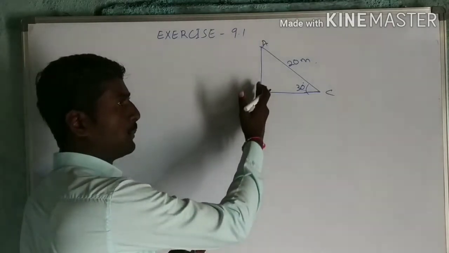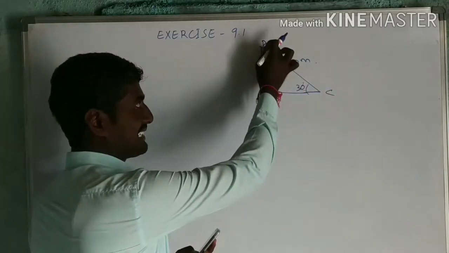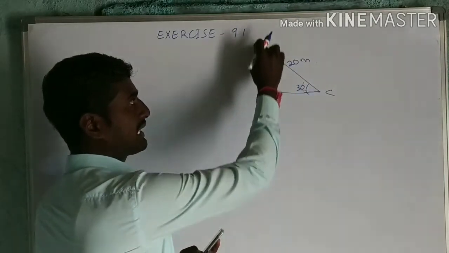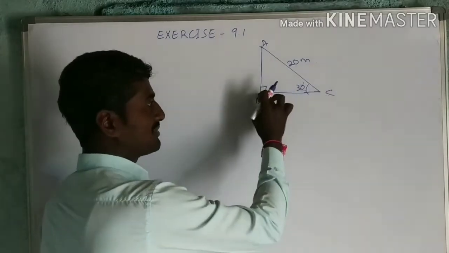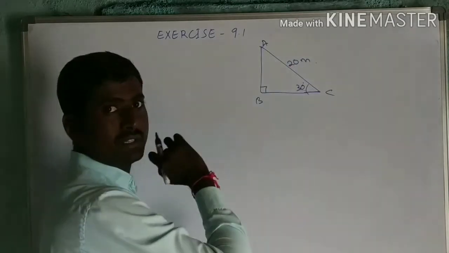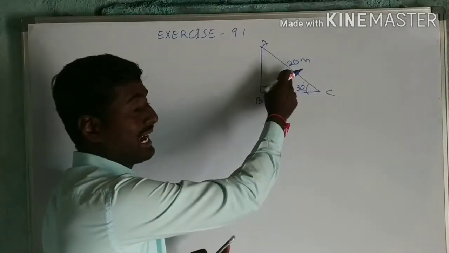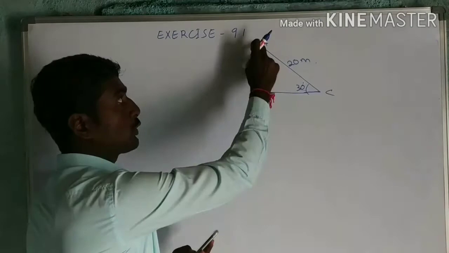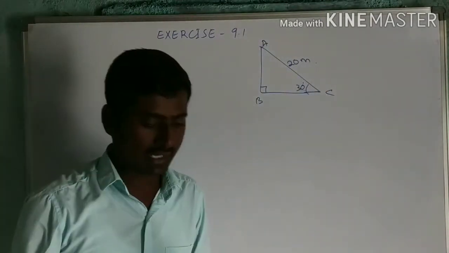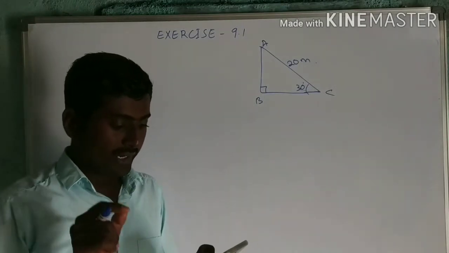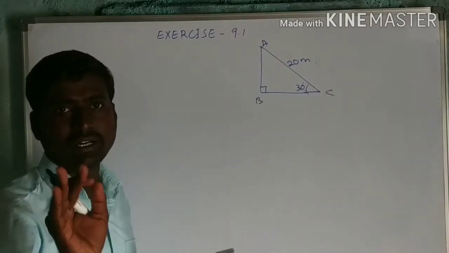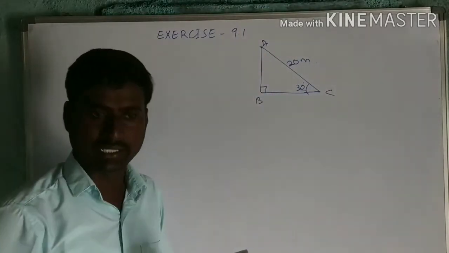This is the vertical pole, and this is the ground. Then find the height of the pole. This is a pole, AB is a pole. You have to find the height of the pole. That is AB I have to find.